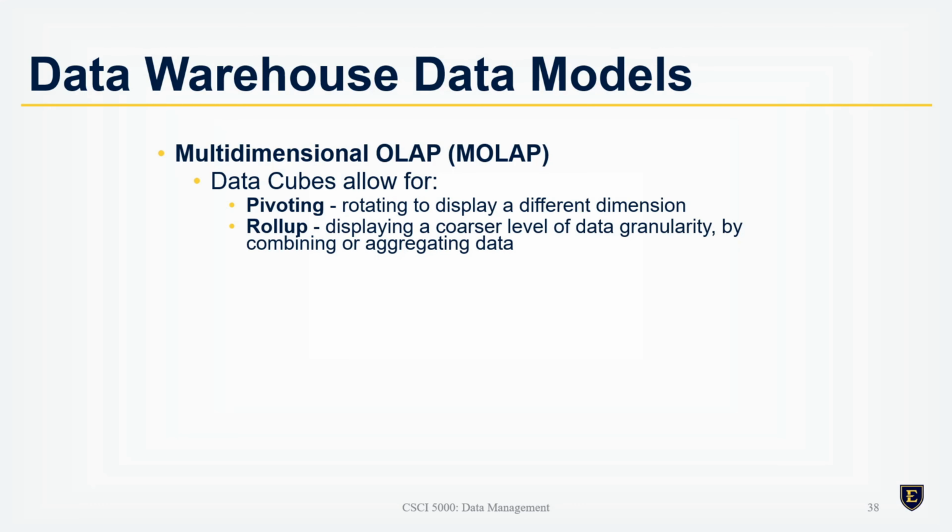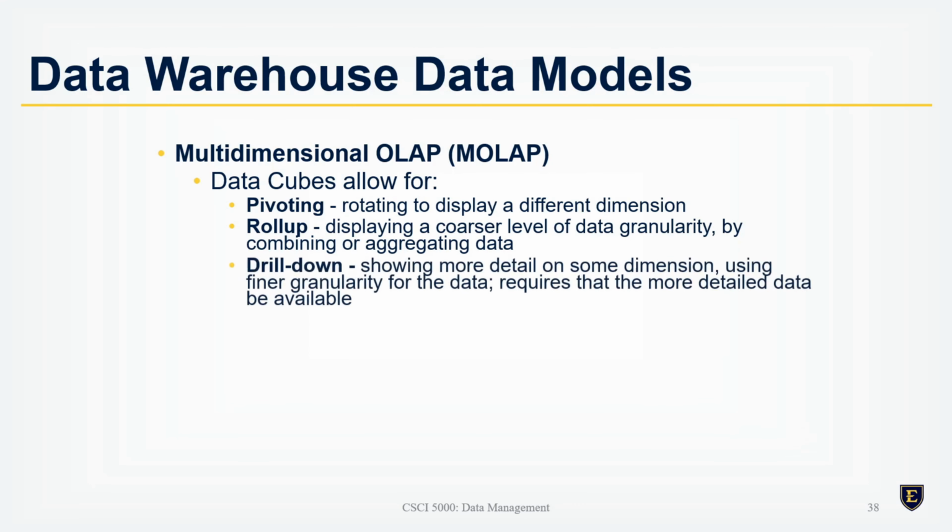So in our example, we could roll up on store and get all of the total sales for a particular store and what people bought at that store. You can also drill down. If you have data that is rolled up, you can then drill down and get much more detail on a dimension using finer granularity for that data.